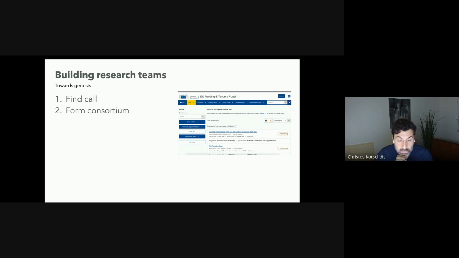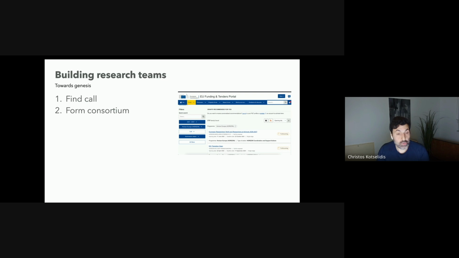Then the next step is to form a consortium. Normally, there are rules. For example, you have to have participants from 4 different countries. The budget is between, let's say, 4 and 6 million euros. Hence, the consortium has to be in this ballpark of budget.